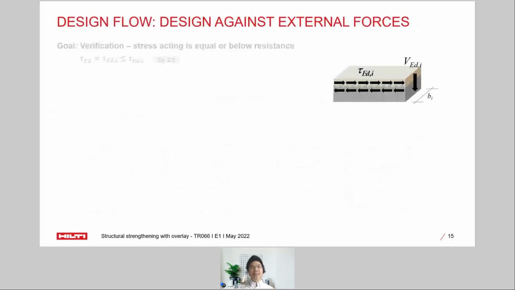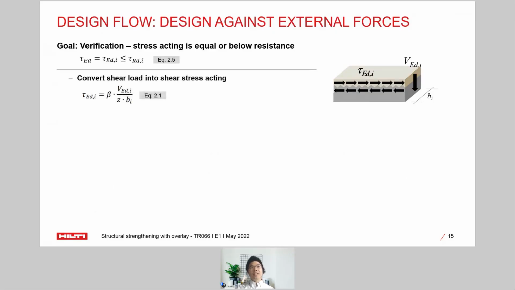The goal in this part is the verification: verifying whether the shear stress is equal to or below the shear resistance that the system can take, so that this is a safe design. To do so, first we need to convert the shear load into shear stress.